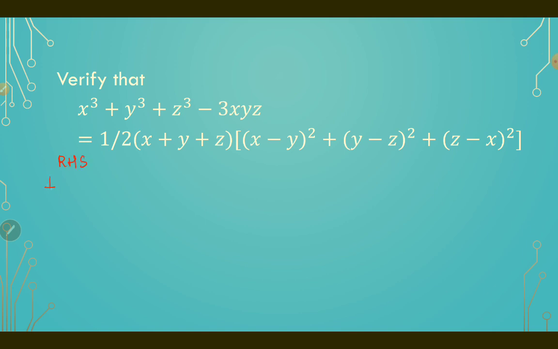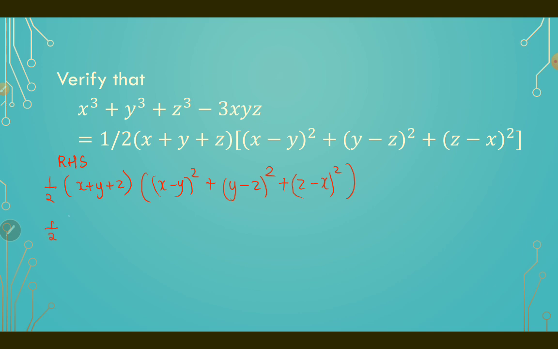We know the right hand side is 1/2 into (x + y + z) into (x − y)² + (y − z)² + (z − x)². We know the (a − b)² identity.